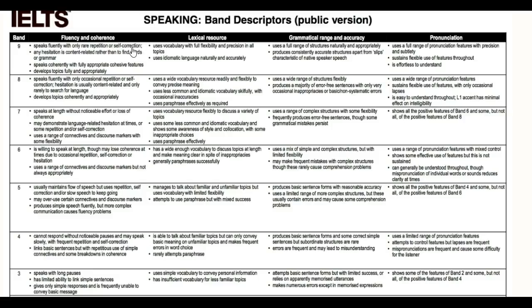A lot of times when we're speaking, we realize that we've made a mistake, or we started a sentence and then midstream changed our mind about how we wanted to say it, and so we self-correct, and even native speakers do this, so it's not that rare. But the fact is that at a band 9, you're not going to do this a lot, or even repetition. It says rare.